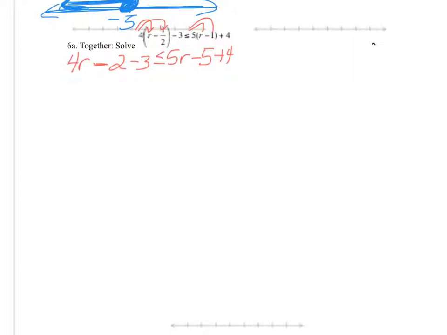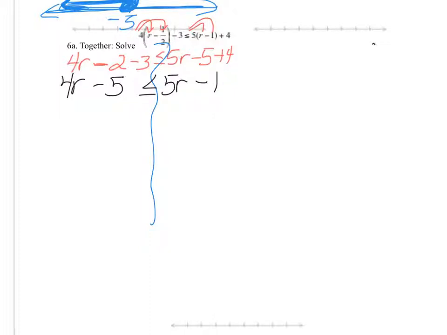Okay, then we're going to combine like terms first. I have like terms right here, and I have like terms right there that are on the same side of the river. So I have 4r minus 5 and I have 5r minus 1.